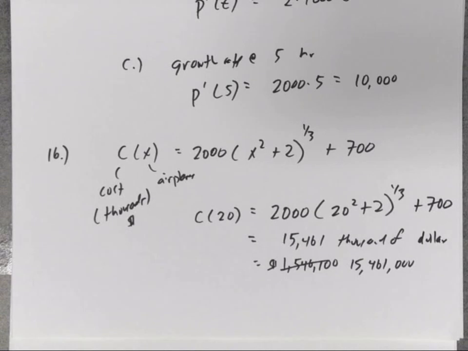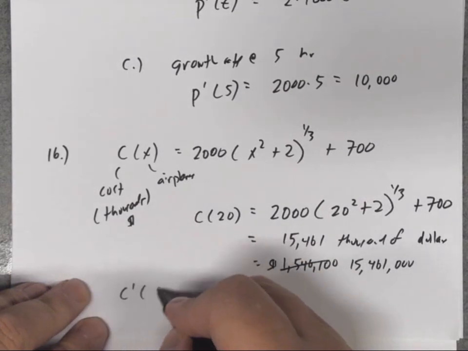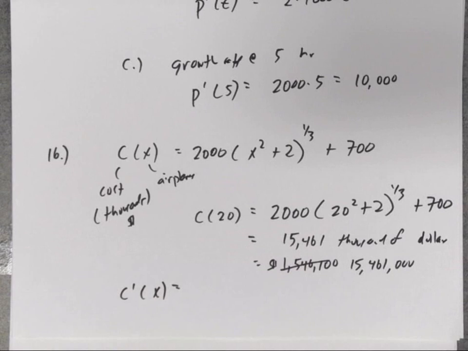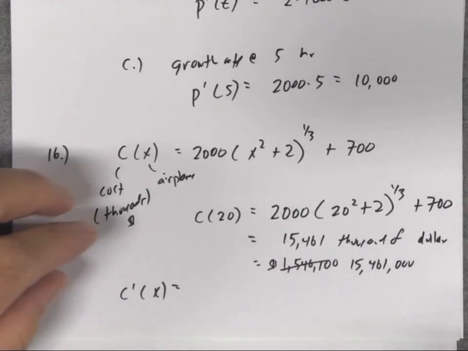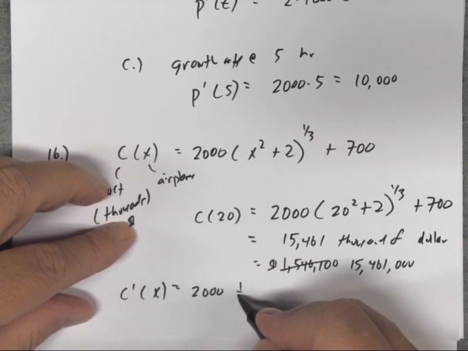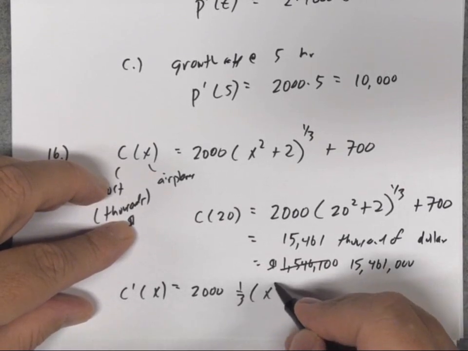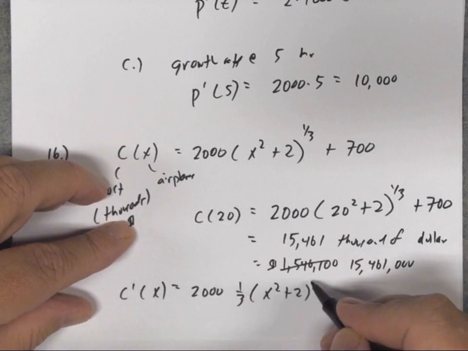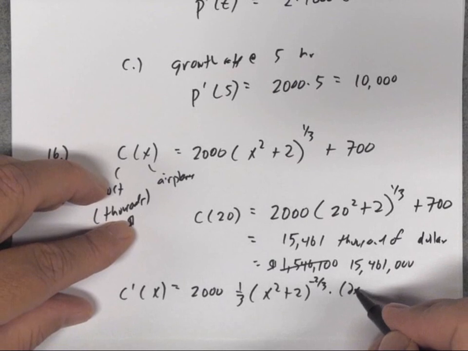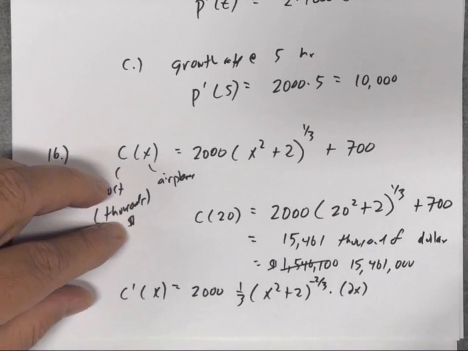And then they say the rate at which the total cost is changing when 20 airplanes have been purchased. So now we have to take the derivative. And this is going to be like a chain rule problem. 2,000's out front, 1/3 times the derivative of the stuff inside.